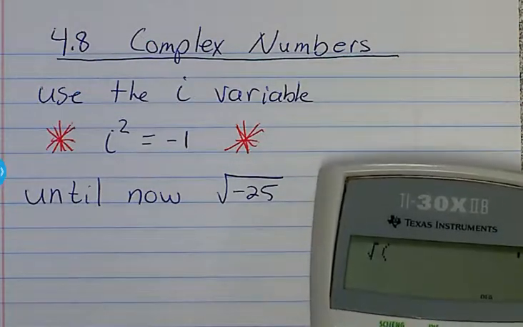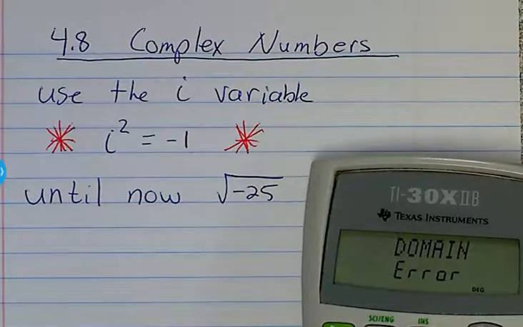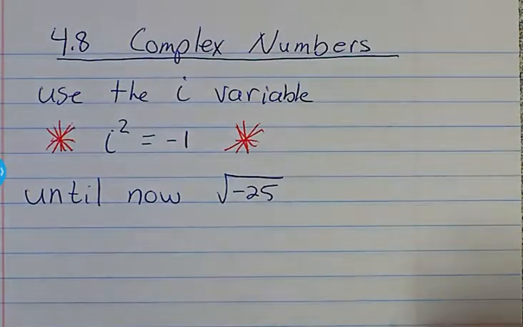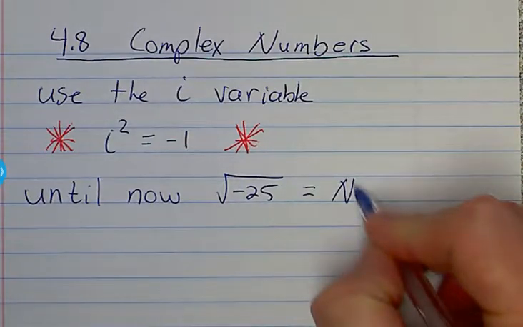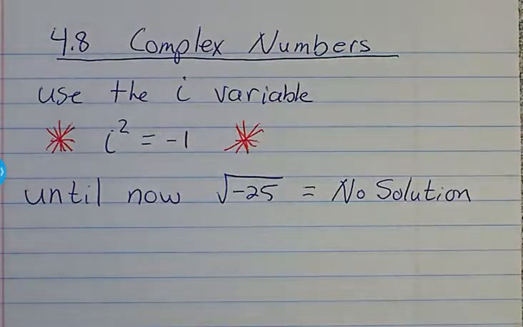If we did the square root of a negative 25, it came out to be a domain error, which means that answer was no solution. So that's everything from 4.7 all the way back to chapter 1. If we had the square root of a negative number, it was no solution.